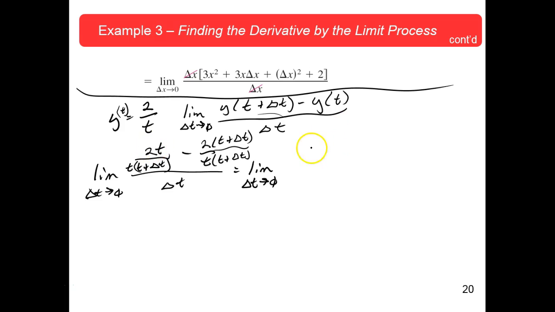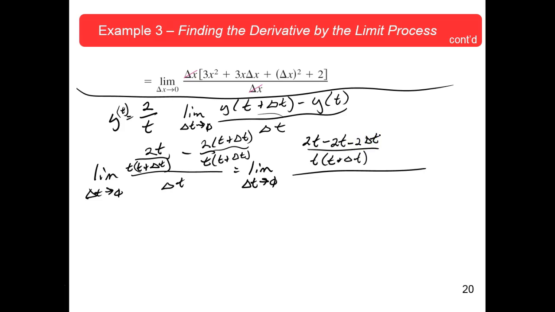In your numerator, we now have a common denominator of t times t plus delta t. I don't recommend that you multiply those through. I don't think it'll be helpful. In the numerator of the numerator, you have 2t minus, and then 2 times t would be 2t, and minus 2 times delta t is a minus 2 delta t.